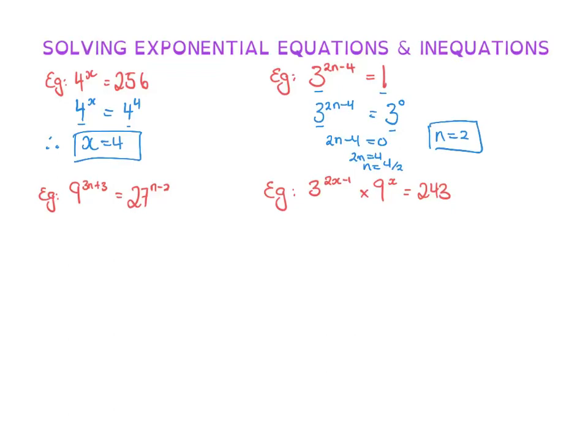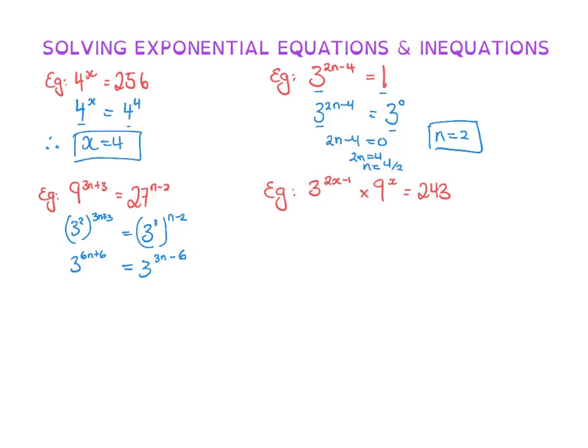Now with this next example here, the 9, we could change the 9 to be 3 squared, and I'll still leave the power out there. And then I know that 27 is actually 3 cubed, so I'll change that, and I'll still leave the power there. So now we use our index law where we multiply the powers out. So the powers get multiplied, so that would be 6n plus 6, and this one would be 3n minus 6.